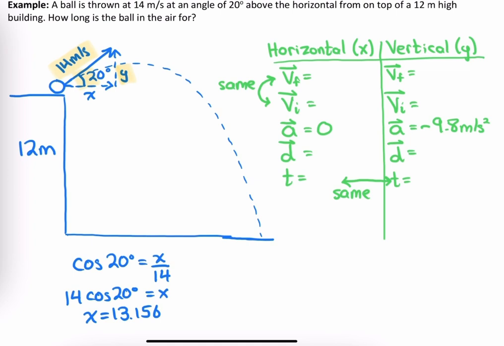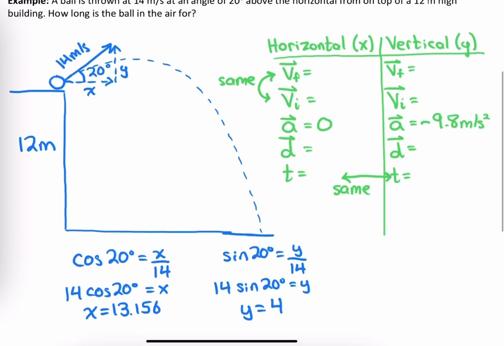So opposite and hypotenuse means I'm going to be using sine. Rearranging gives me that. And I can solve for y to be 4.7883.